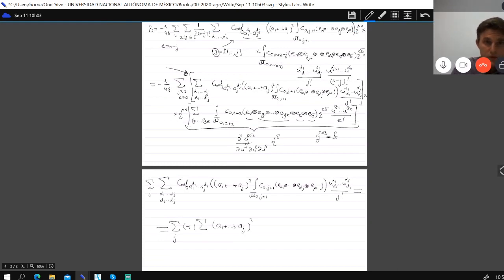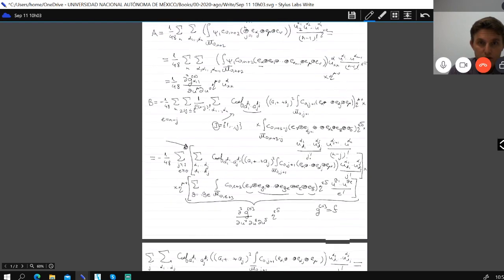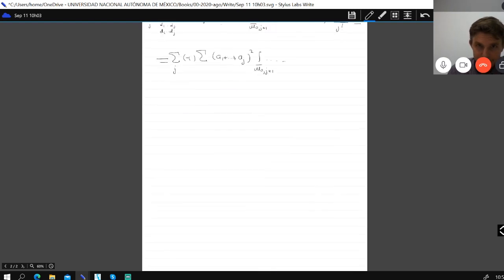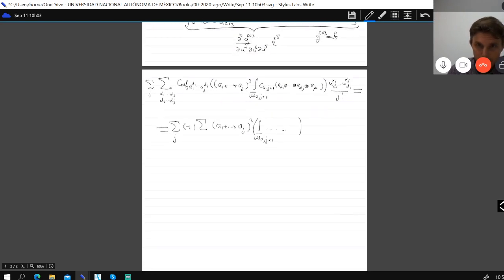So we write sum a1 plus aj squared, integral m0 j plus 1, this integral.